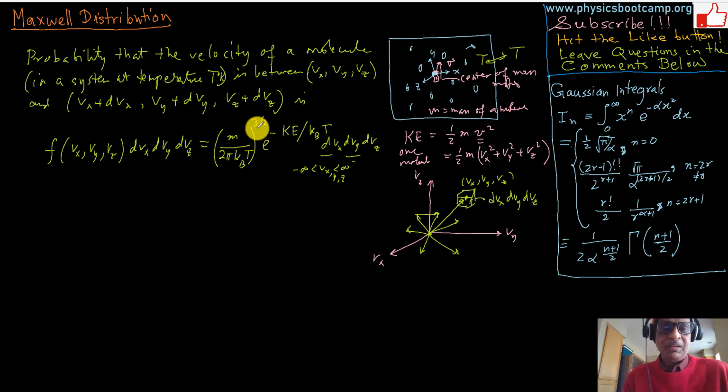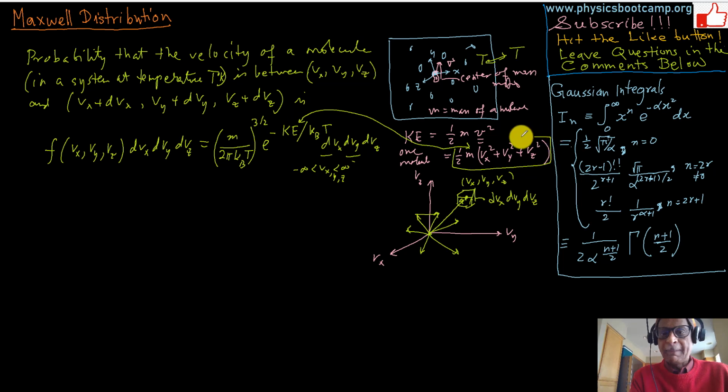Okay, so this kinetic energy we already wrote down. You can think of that as this expression, and this is what is called Maxwell distribution of velocities.